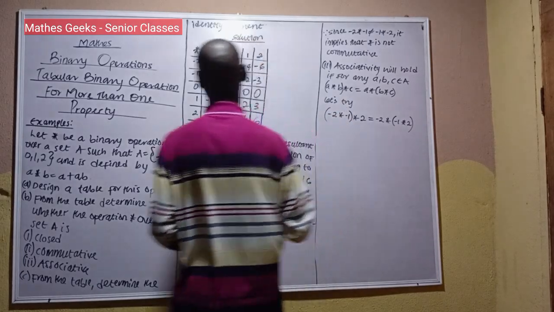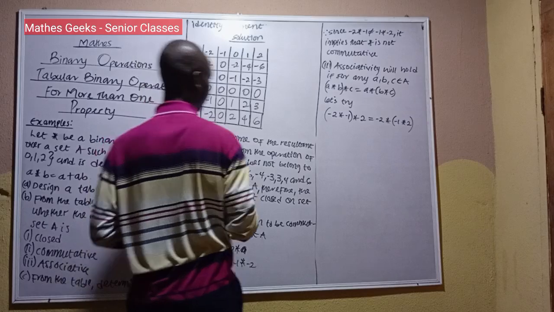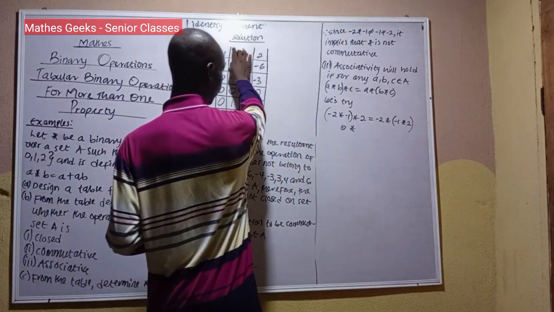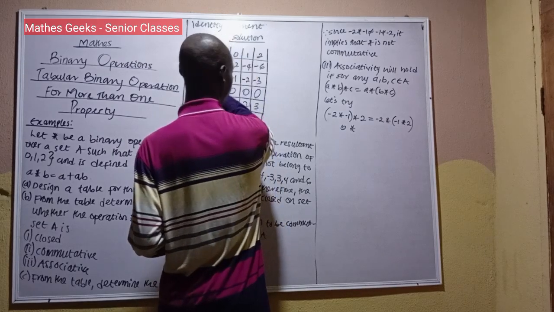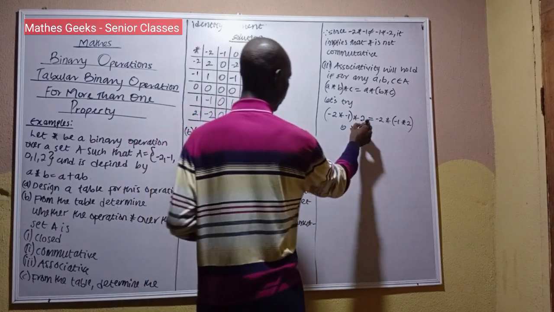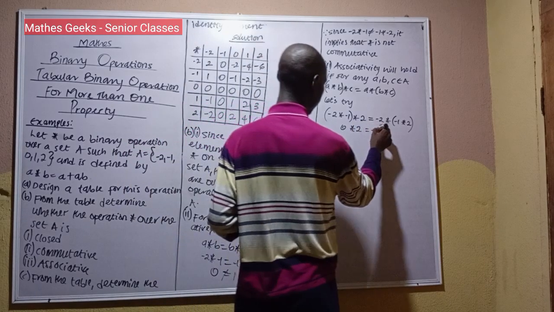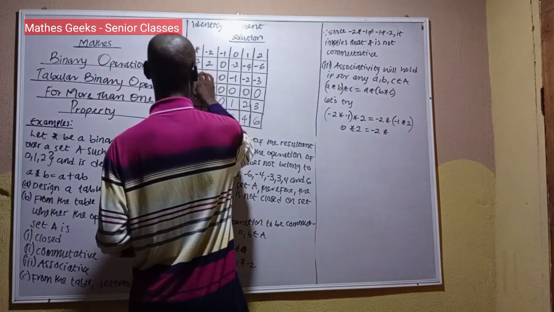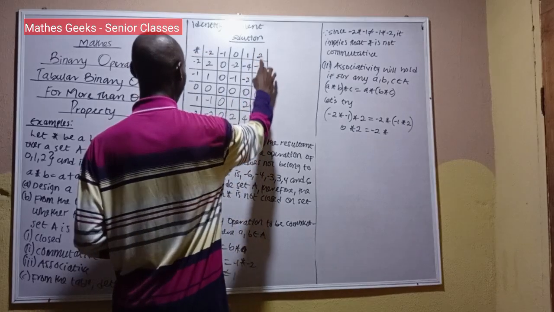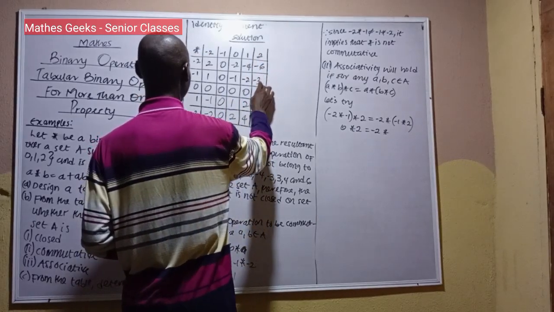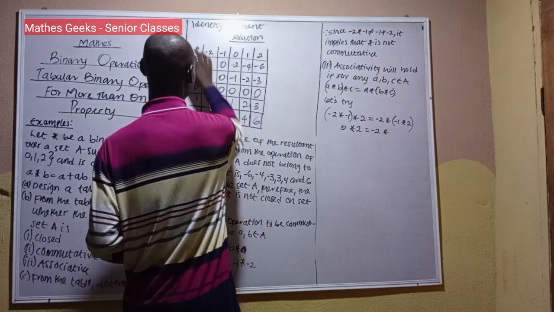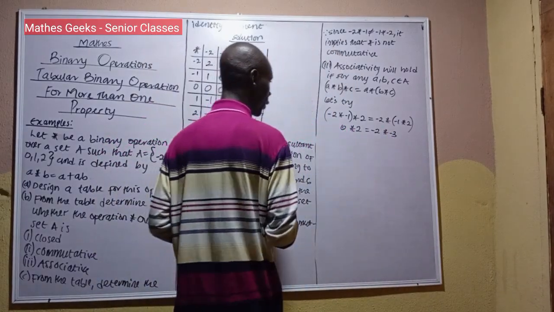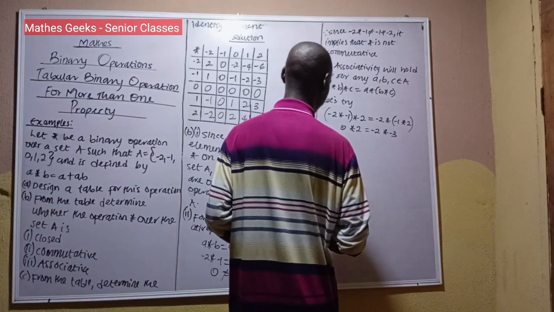-2 star -1, what is it? -2 star -1 is 0. Then 0 star 2. So now we have 0 star 2. And here we have -2 star (-1 star 2). -1 star 2 is -3, so -2 star -3.